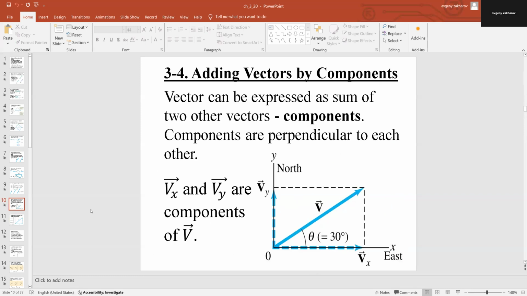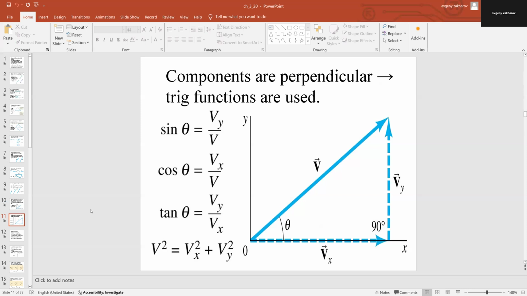So this was the parallelogram method, as you can see. This time it is the triangular method, and your v is still a vector sum of x and y components.